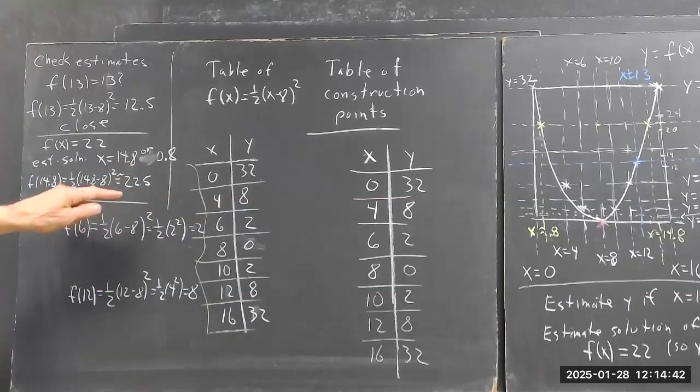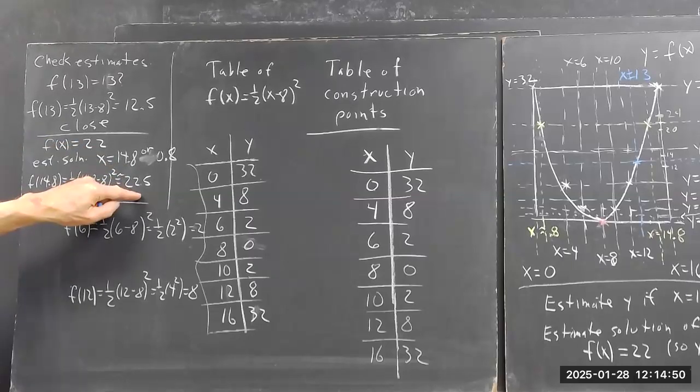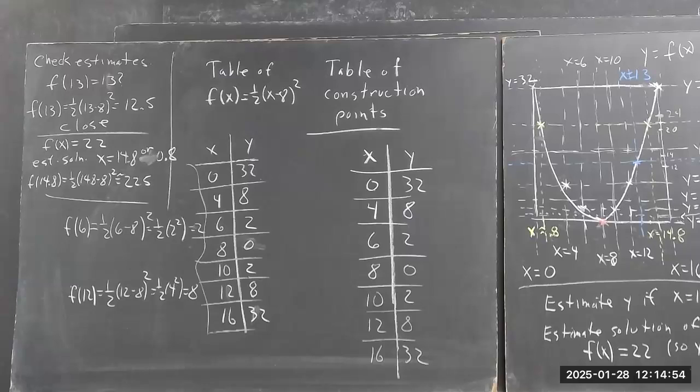Okay. And I estimated that this was a solution to this. If I plug this in for x, I get something very close to 22, right? Okay. So that's not bad.